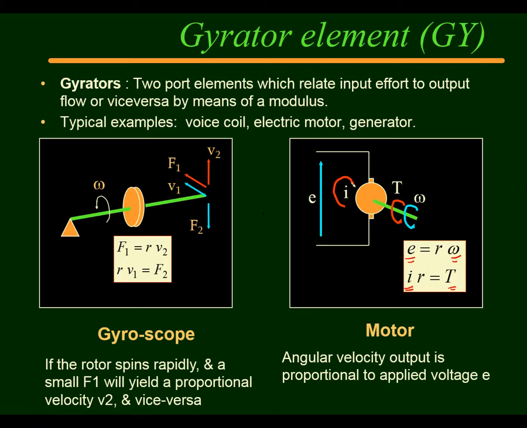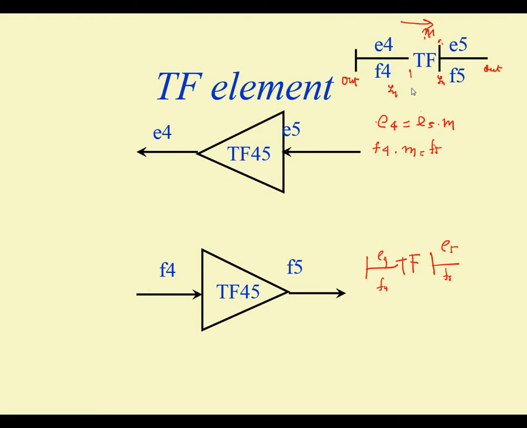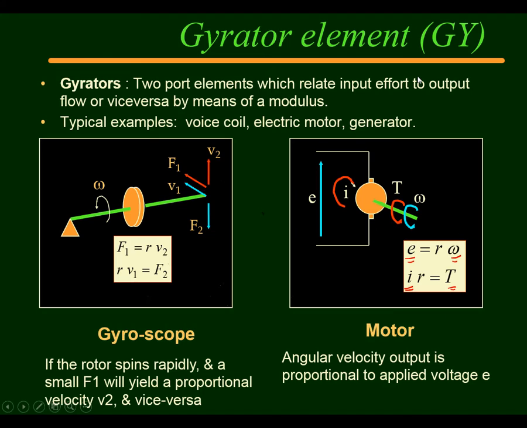This element has the same kind of properties as the transformer, but the variables are crossed. On the transformer, we relate one effort to another effort or one flow to another flow. That doesn't happen on the gyrator.